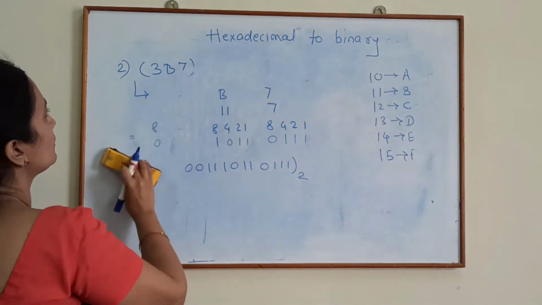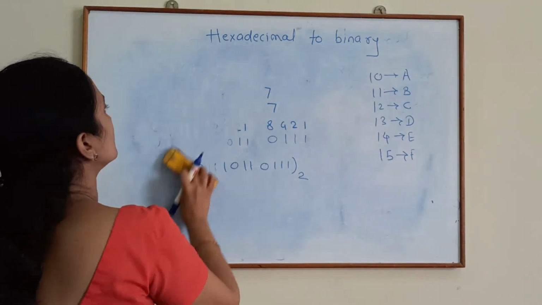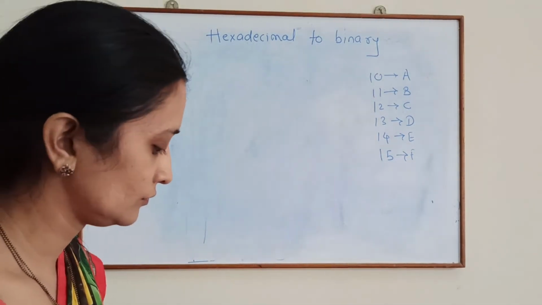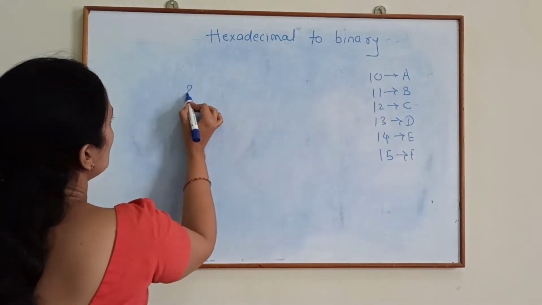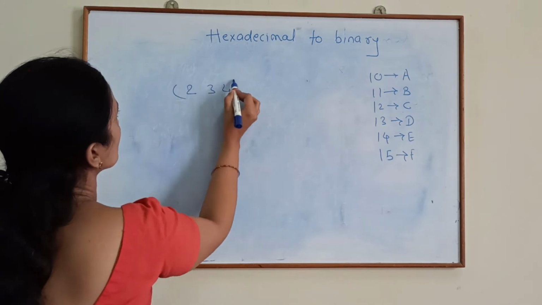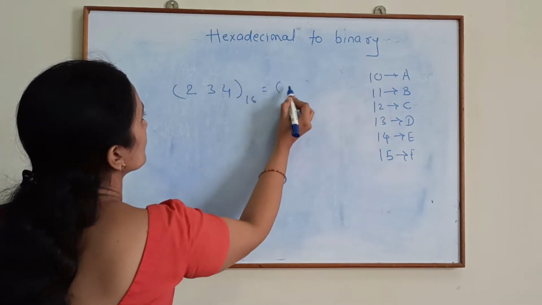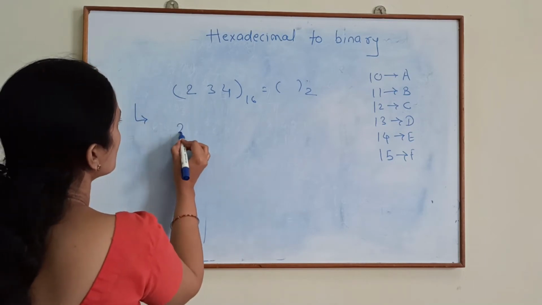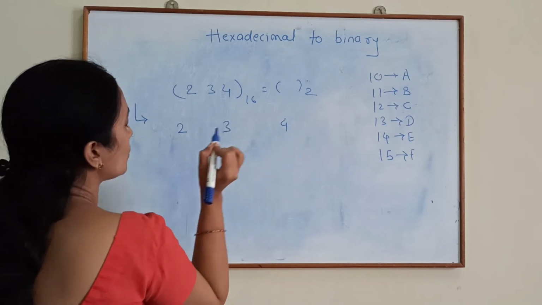One more example we will take: 234. Separate the digits. The first step is 2, 3, 4.